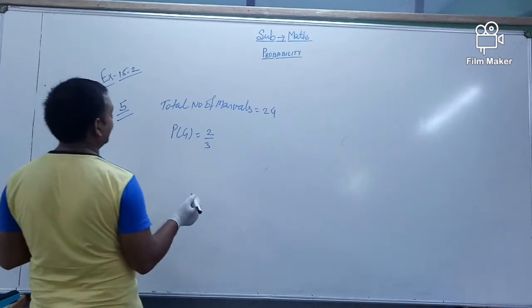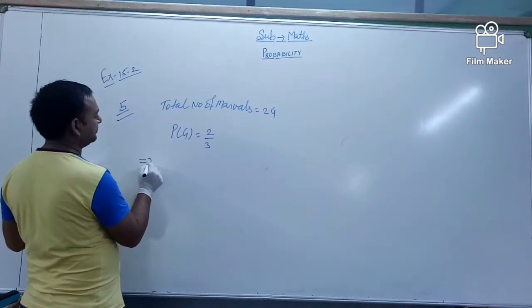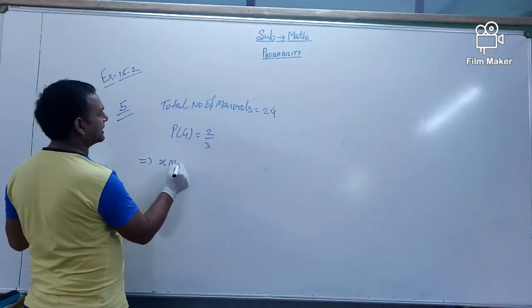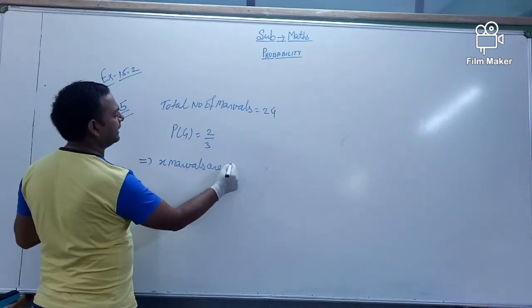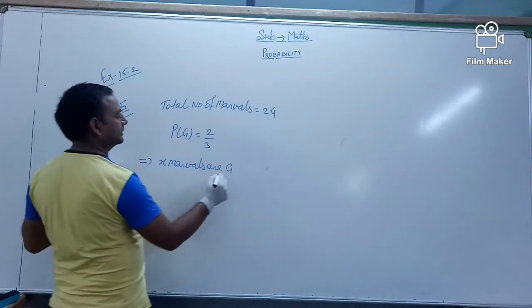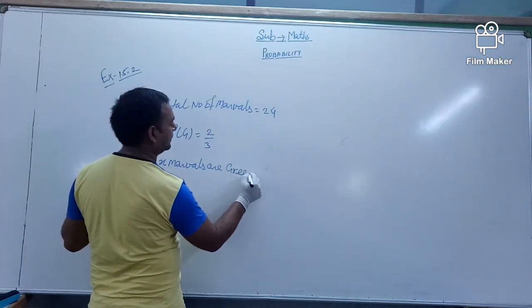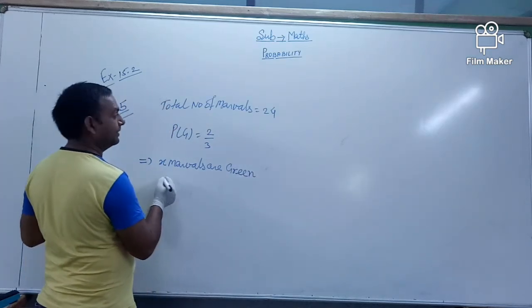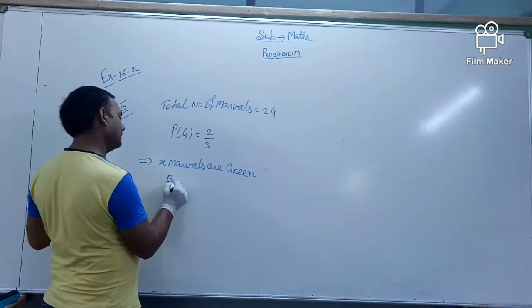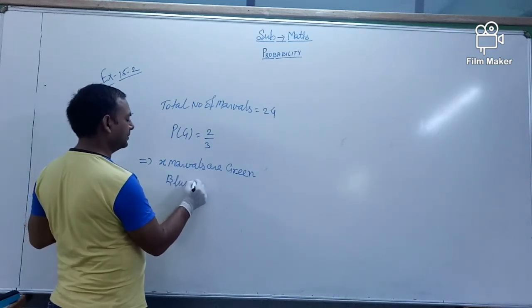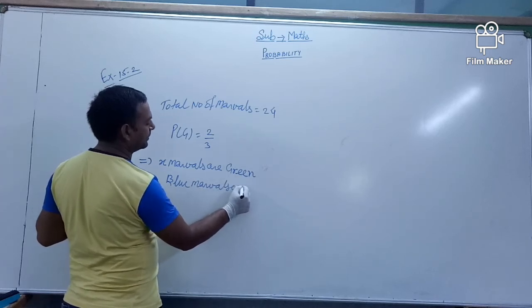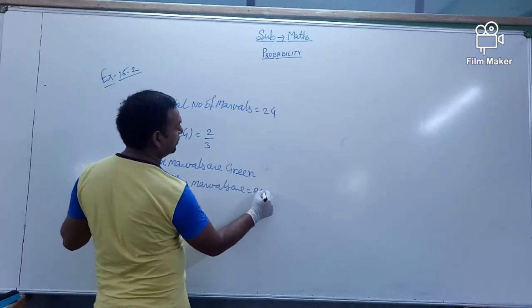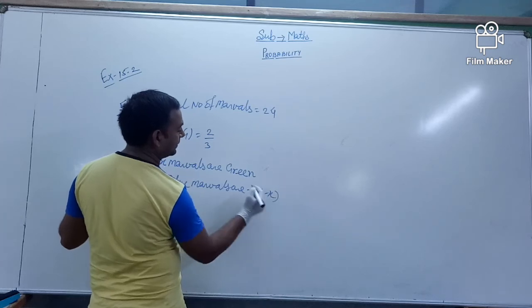Suppose that x marbles are green. Then blue marbles are 24 minus x.